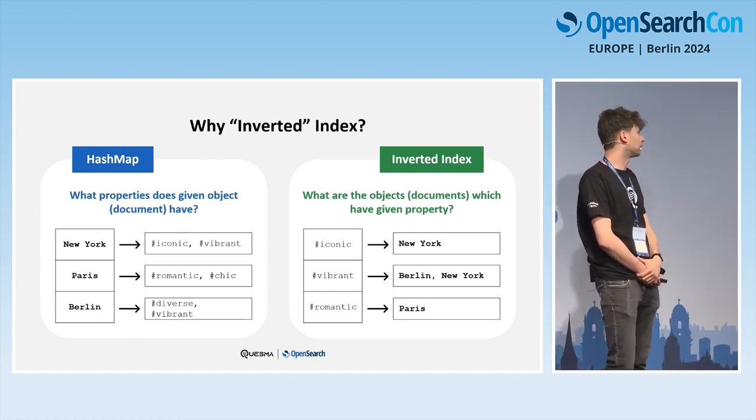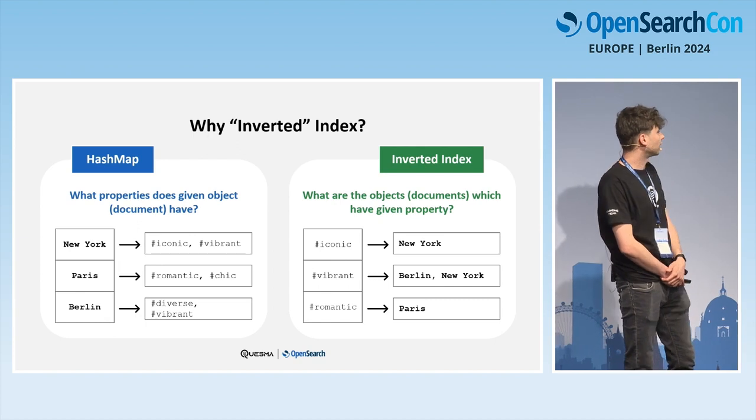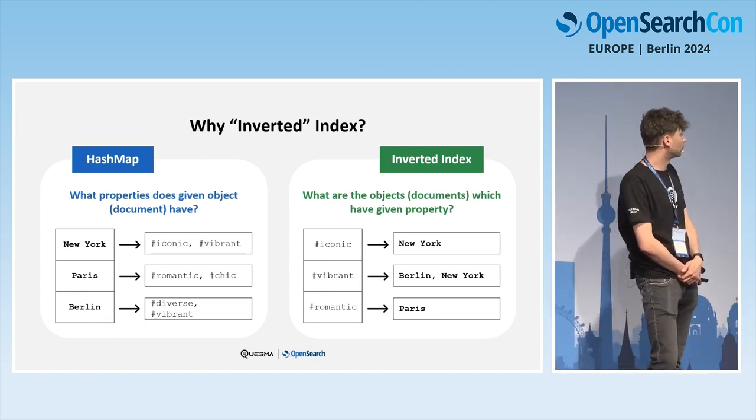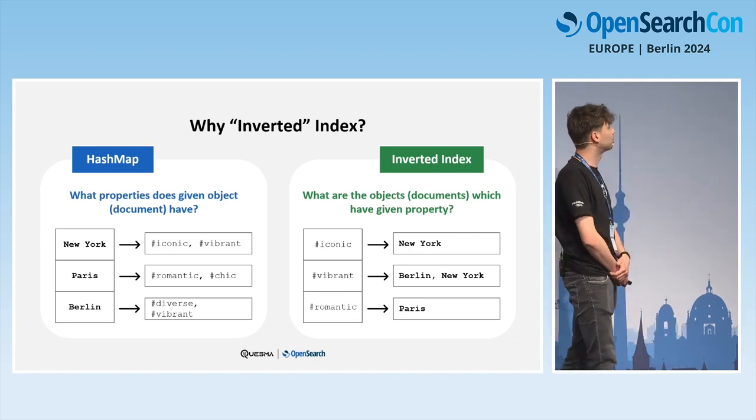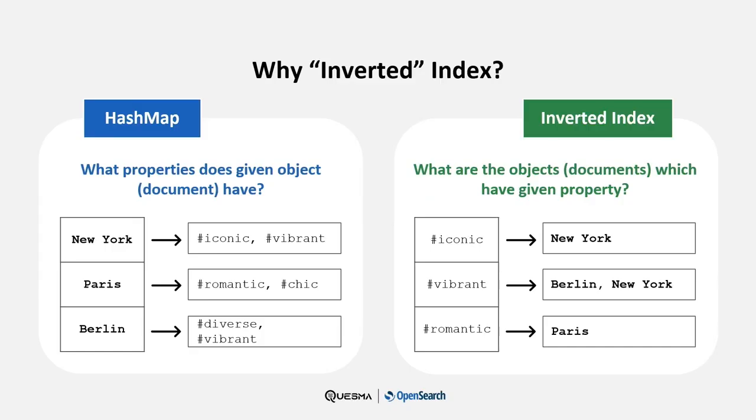Think of hashtags in a social media application. Here we have New York, which is iconic and vibrant. We have Berlin, which is diverse and vibrant. Each city, object, or document, in our case, we can use these words interchangeably, is linked to the property.